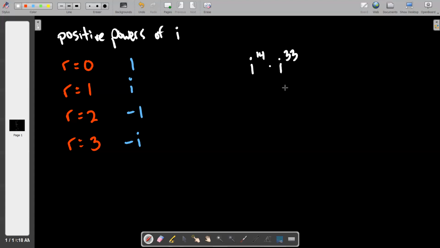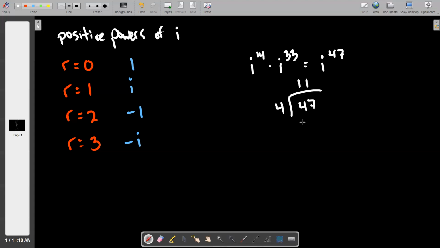What's 14 plus 33? That's 47. So the answer is i to the 47th. And now, watch how easy it is. You take 47 and divide it by 4. How many times does 4 go all the way into 47? 11 times.